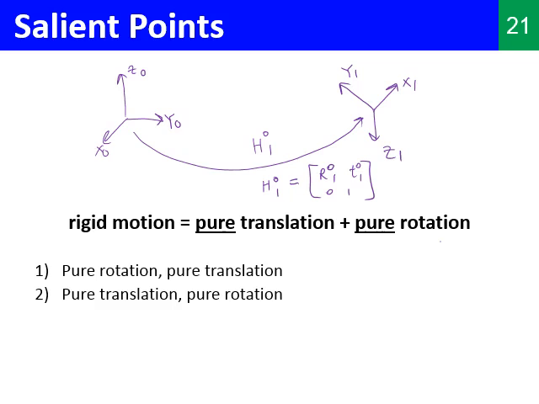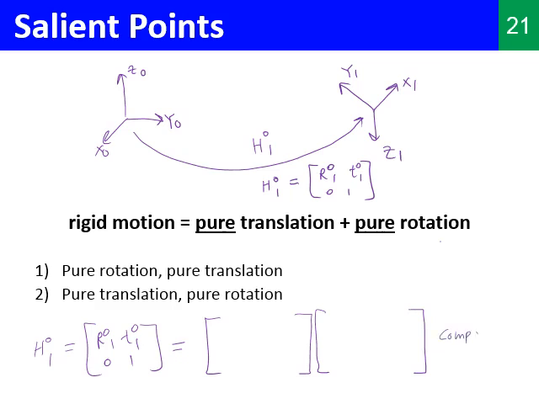So that means we can write H01, which is equal to R01 T01 0 1, as two operations followed one after the other. Two basic operations. So this is a composition of two operations.